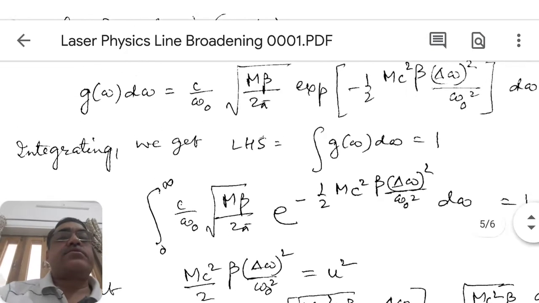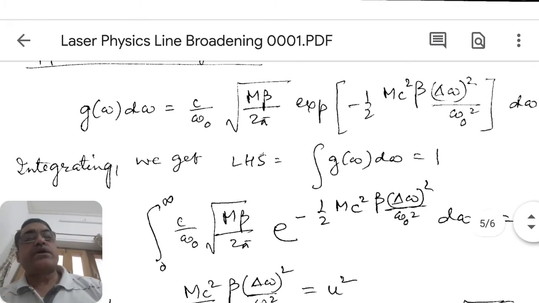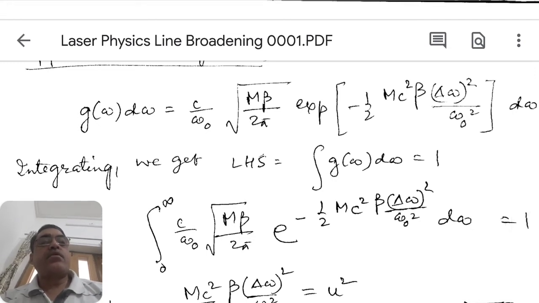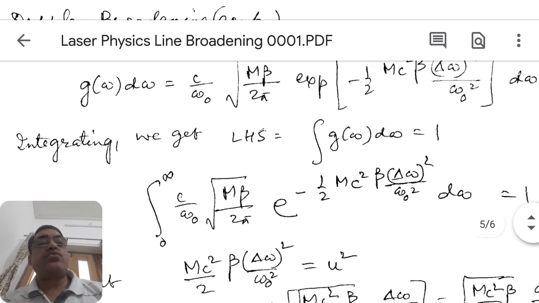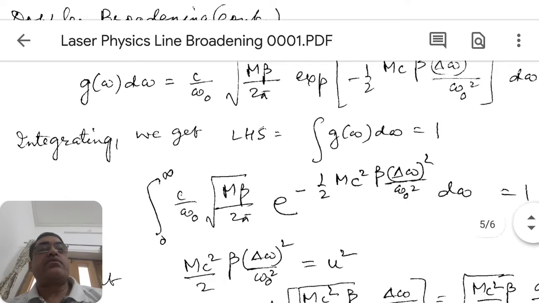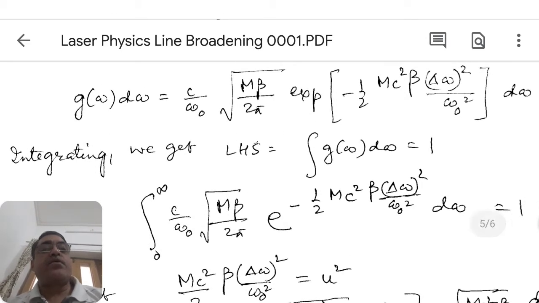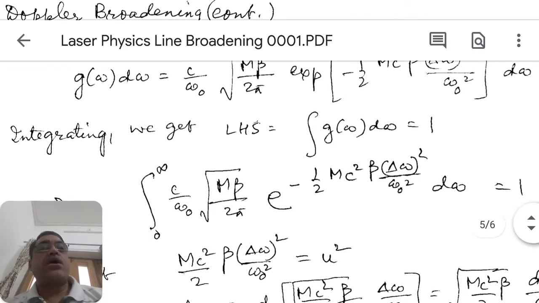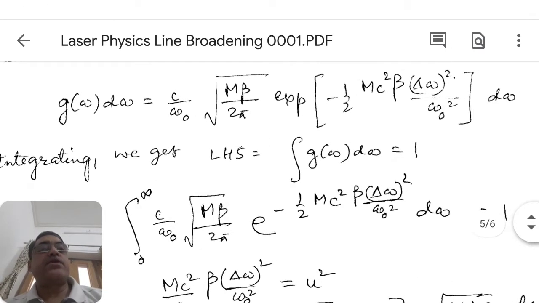So we integrate either side from 0 up to infinity, that means all possible frequencies, and when I integrate I get the integral from 0 to infinity of c by omega naught under root of m beta by 2 pi exponential minus half m c square beta delta omega square by omega naught square d omega.